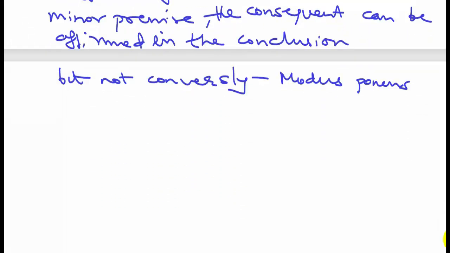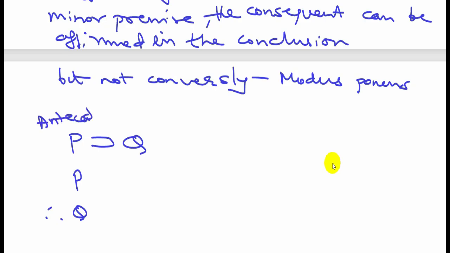Because in modus ponens, or constructive hypothetical argument, the minor premise affirms the antecedent. This is the antecedent, and Q is the consequent. So if P, then Q, and this is the minor, this is the conclusion.